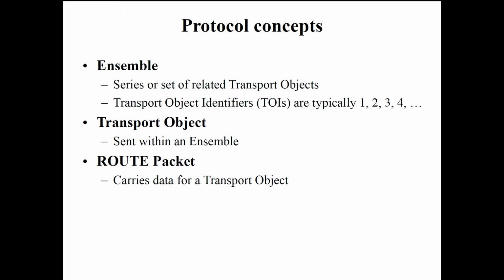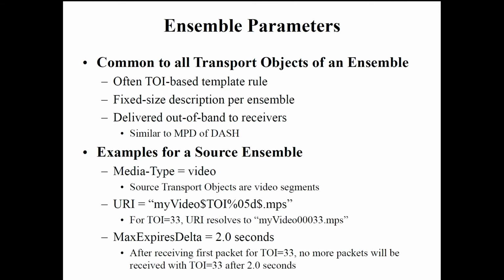Okay. A transport object is something you send within an ensemble. And the ROUTE packets, we've already talked about. That carries the data for transport objects, whether it's the source data or the repair data. So the ensemble parameters, these are the things that are common to all transport objects of an ensemble.